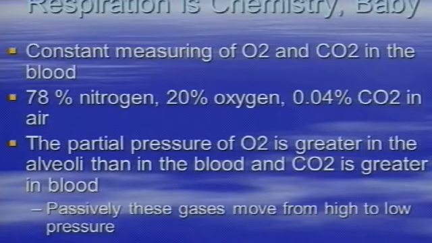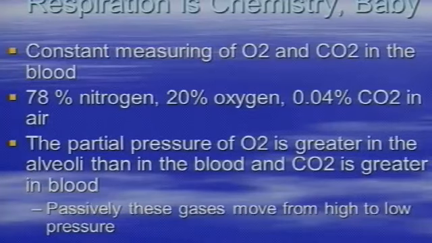Now, the breakdown here is a breakdown of percentages. We all probably know 20% of the air is oxygen, right? Okay. So, partial pressure of oxygen. When we talk about the partial pressures of oxygen and carbon dioxide, what's important to understand is that oxygen is going to be at a higher concentration in the alveoli.